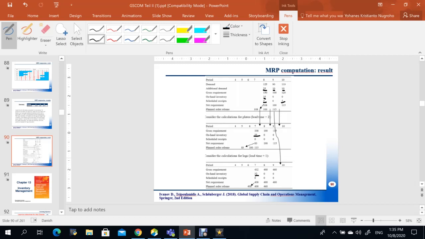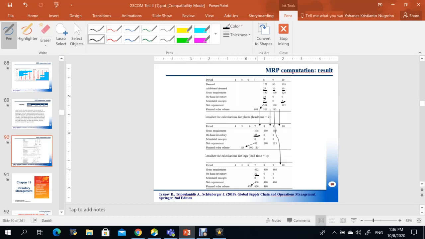First, we perform calculation for tables, lead time equal to 1. Here we have the total demand, that is equal to demand plus additional demand, that is 150. Similarly for month 9 and 10, just add 90 with 10, we have 100, 110 plus 10, we have 120.